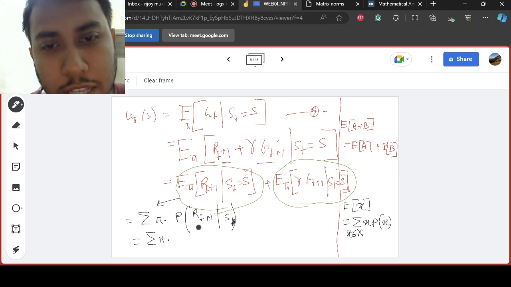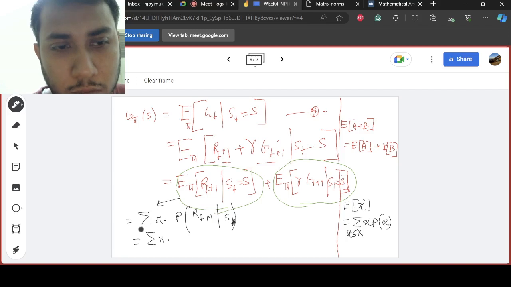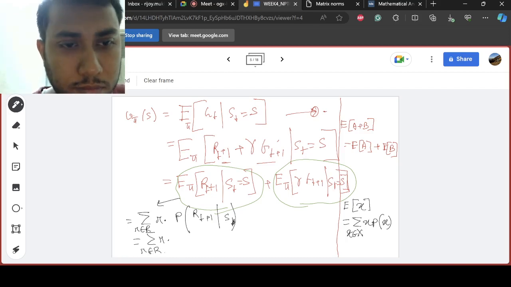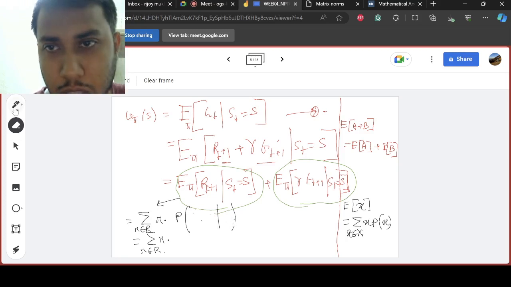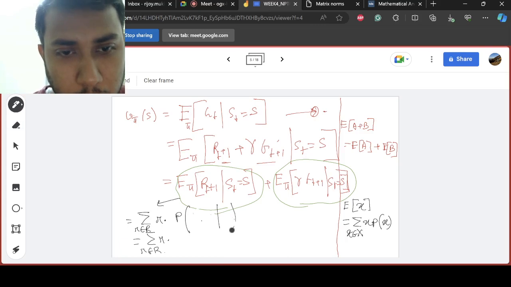So what does this say? What is the probability that I will get... these are the sum over all the states, so this becomes R belongs to the set of all rewards. Let me use the smaller notations.